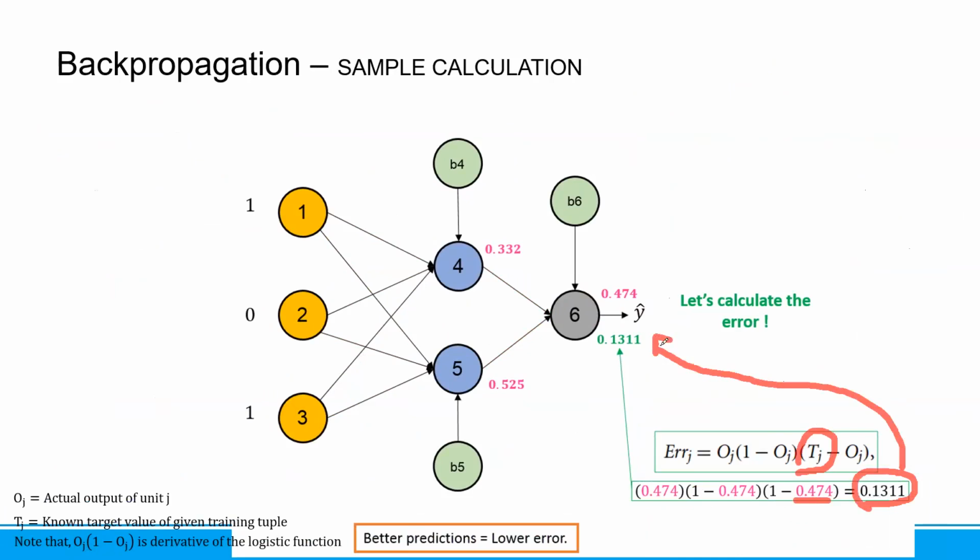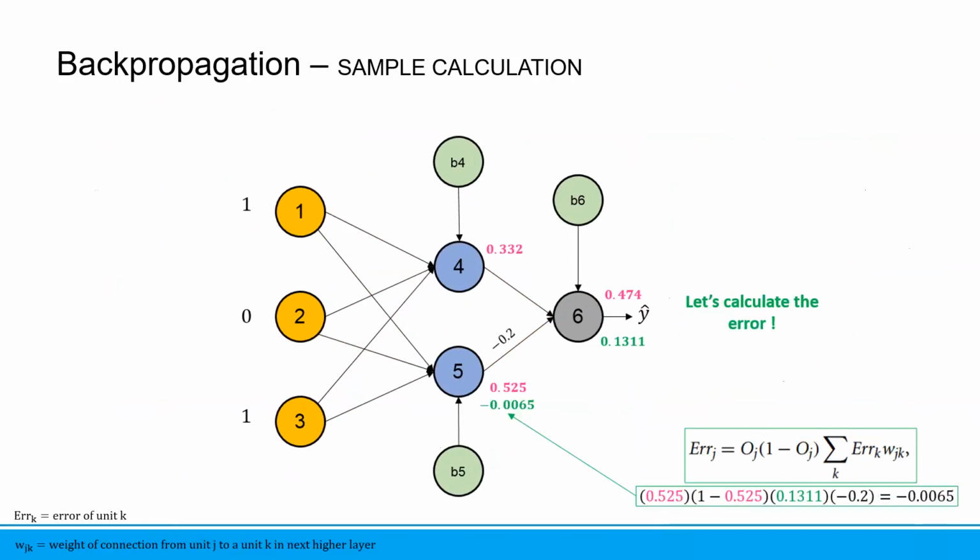Now I have this error. So the idea is how we can minimize the error. Next is to define the error from the previous layer of the network. With the same formula, we have this error. The output is 0.525 multiplied by 1 minus 0.525.